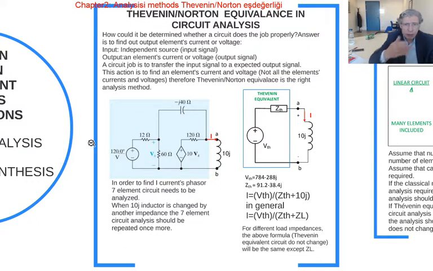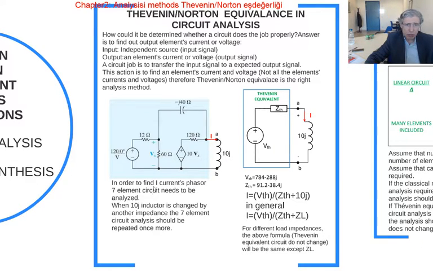in circuit analysis, assume that you calculated the Thevenin equivalent of this blue area circuit, which is this one, and you find the Thevenin equivalent voltage and Thevenin equivalent impedance. Now, we are talking about the benefit of this method in the analysis.